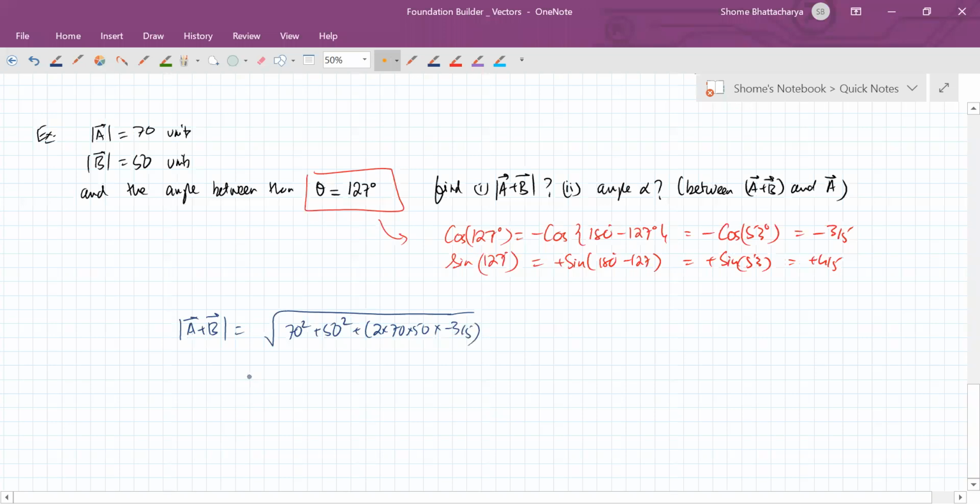So what you can do is you can take 10 common outside, so I have 7 square plus 5 square minus, how much will this be? 30 into 7, or 10 into minus 210. So 10 root 49 plus 25 minus this one.